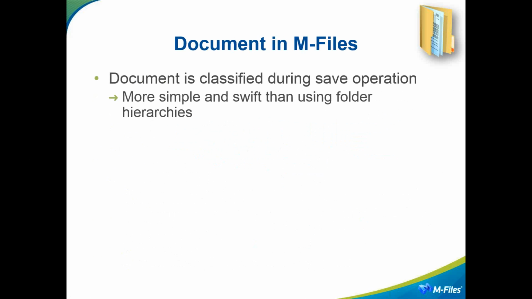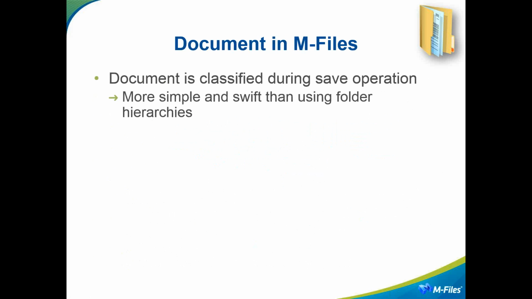So saving the document, when you save it with these tags, can be even much swifter than going through a folder hierarchy. Because if you think about going to save a document, you have to double-click into this folder, double-click into that folder, and you may go down 3, 4, 5 levels into a folder structure. And again, when you see what else is in that folder structure, you might say, well, this really isn't the right place to save it. So you have to back out and go somewhere else.